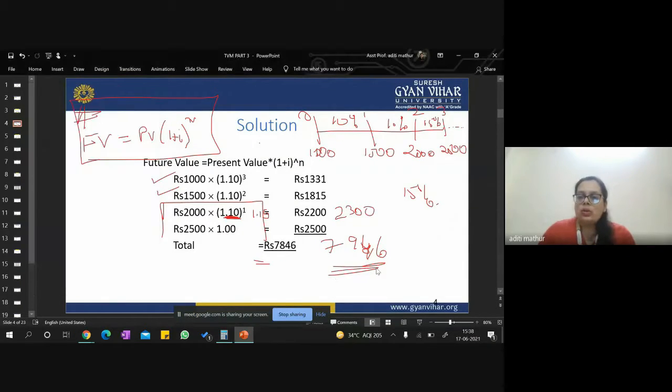So you have an increase of 100 rupees if your interest rate changes to 15% from the third year onwards.